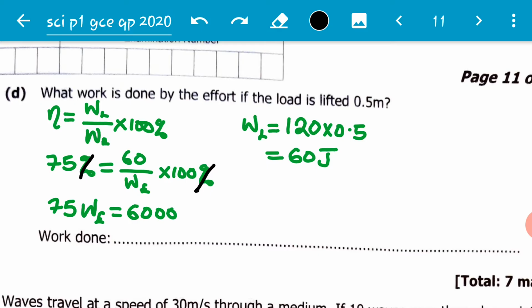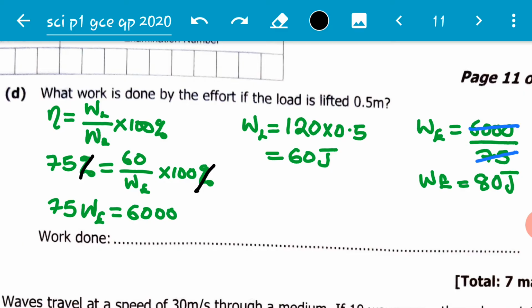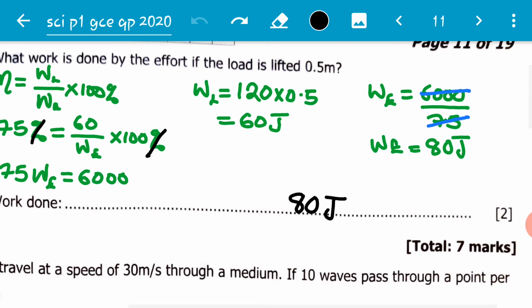So we will have work done by the effort times 70 equal to 6,000. Then we divide both sides by 70, so it is going to be 6,000 divided by 70. So we have 80 joules of work.